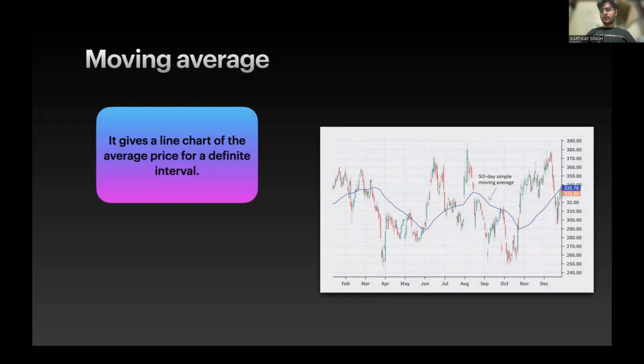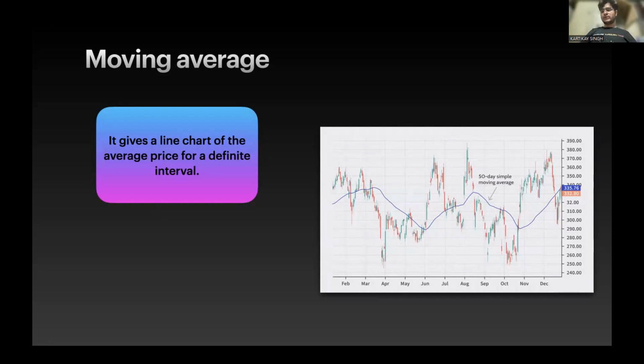In the image itself, you can see there is a 50-day simple moving average. What it does is for 50 days it takes the average, and like that it plots the line chart. So with this we can analyze whether the stock is profitable or not.